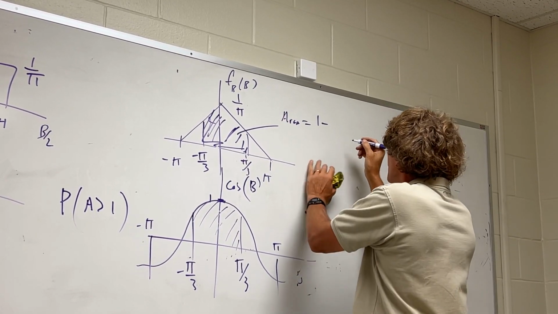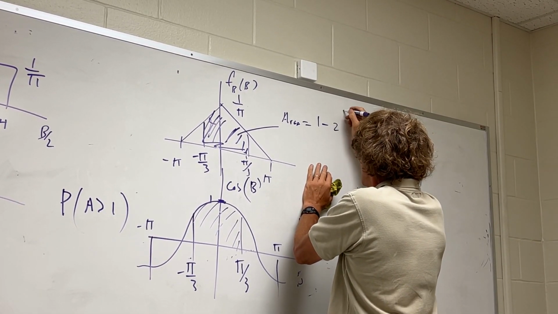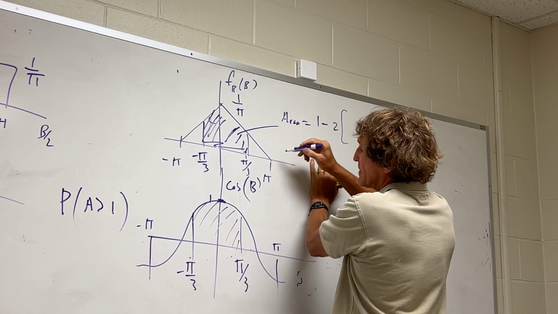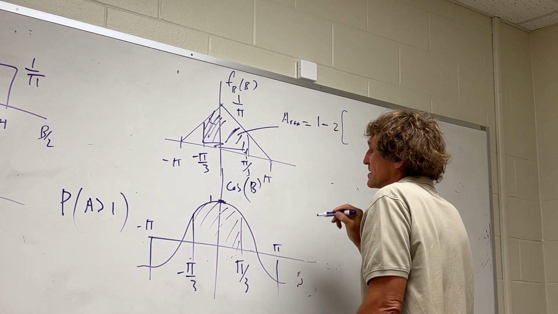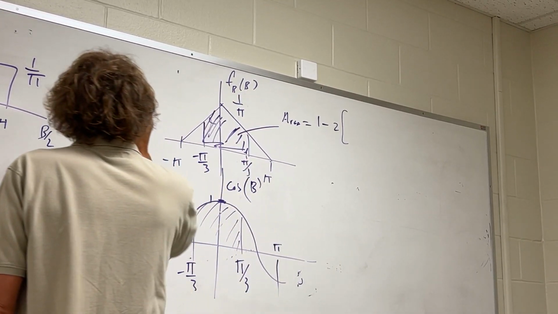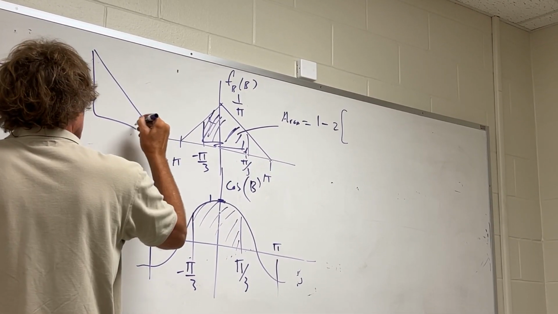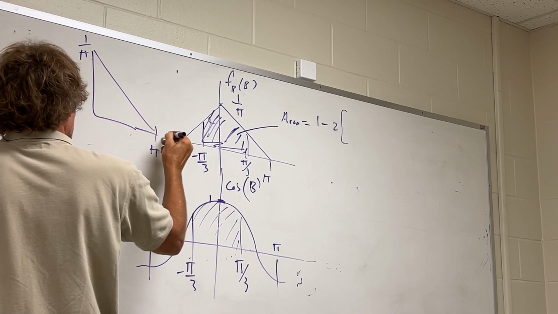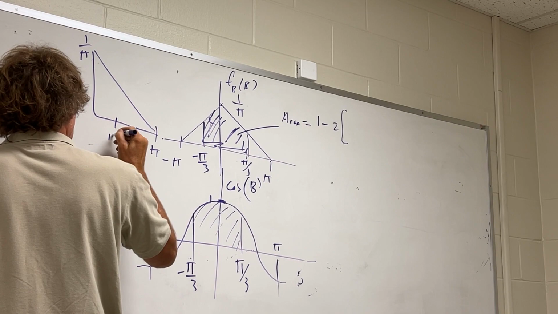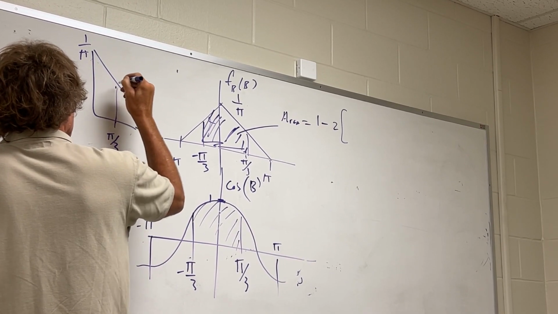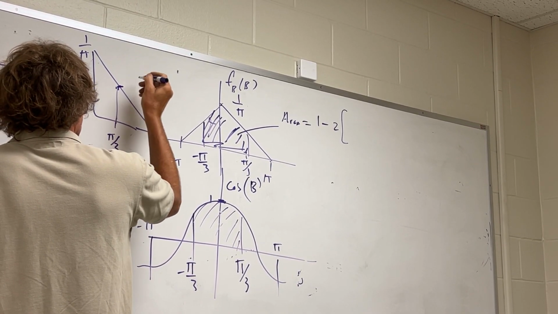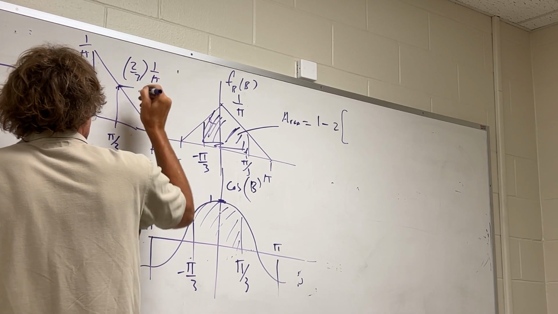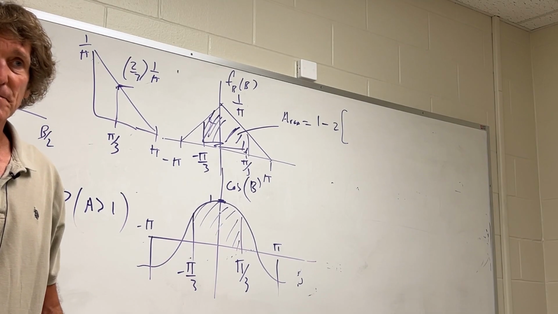So if you think about it, it's 1 minus, then you can say it's twice the quantity of this area. What's this area? Well, I hope I'm drawing this right. If you look at this, this is pi, this is 1 over pi, right? If I come out to pi over 3, the height of this right here is going to be 2/3 of 1 over pi right here. Can you follow me on this?